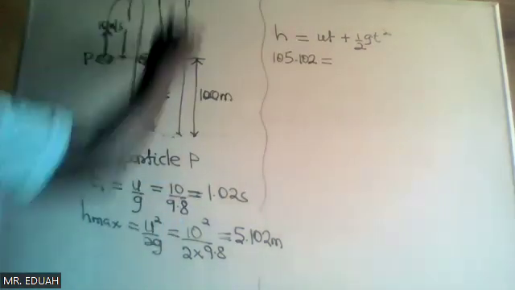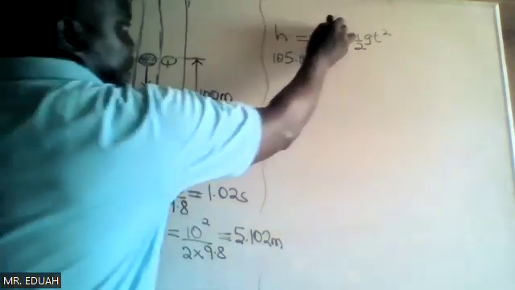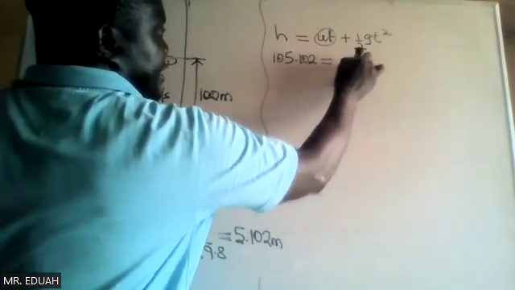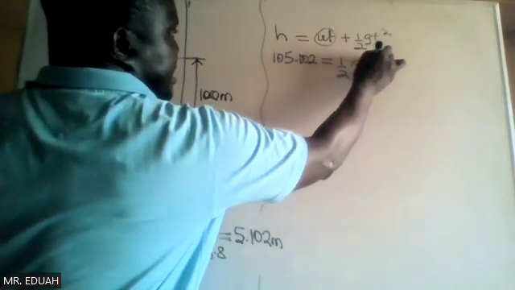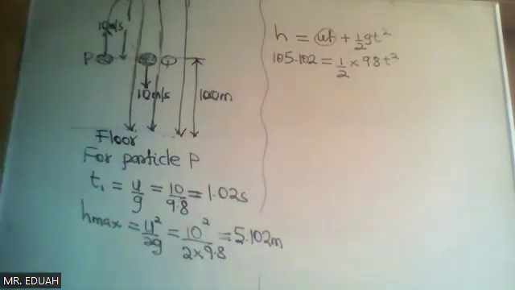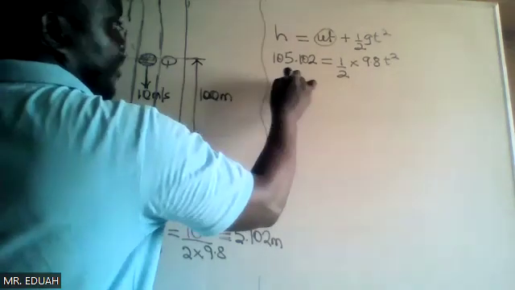When it is returning to the ground, it is free falling. U is 0, so this part goes to 0. So we have half times 9.8 times t squared. Help me calculate for t.